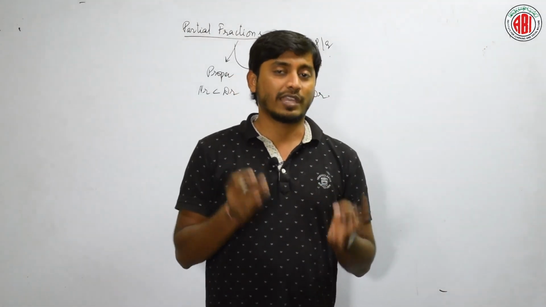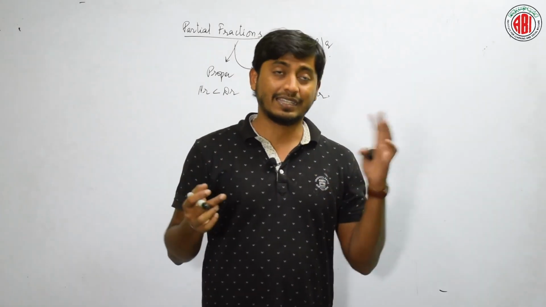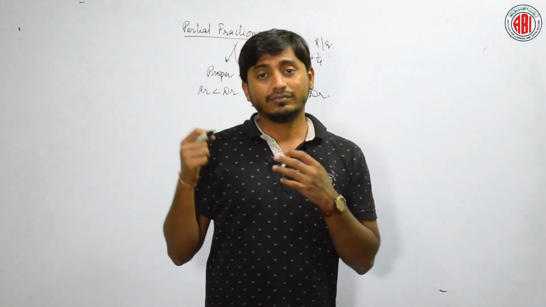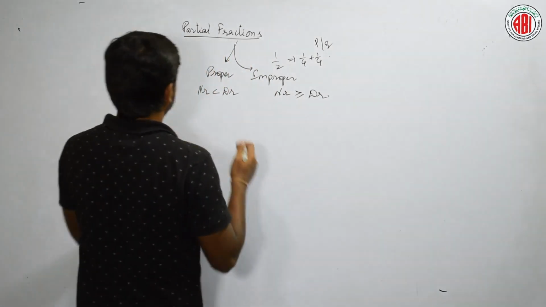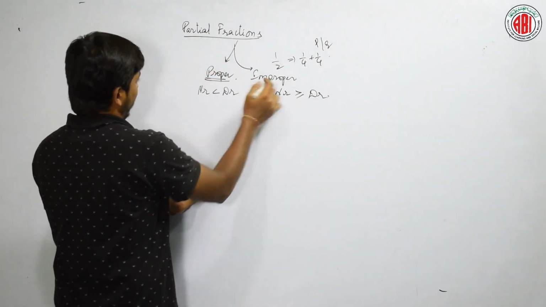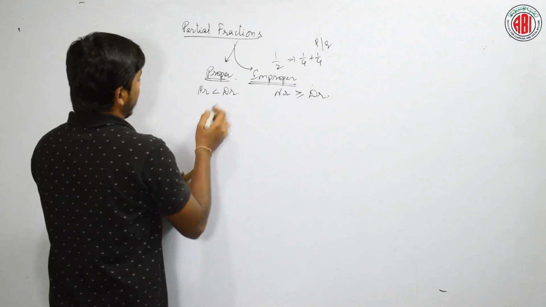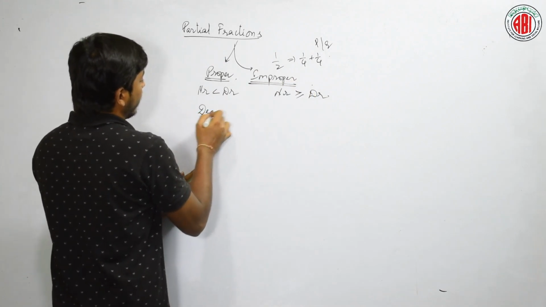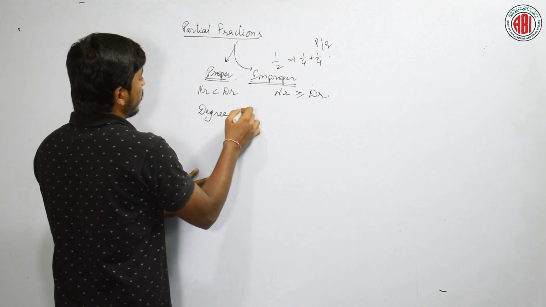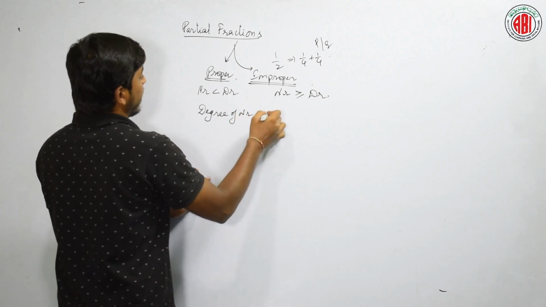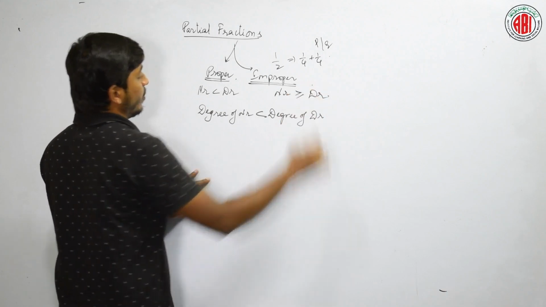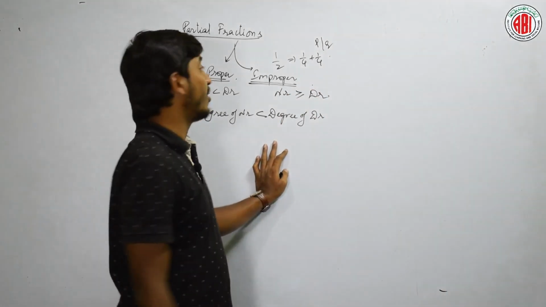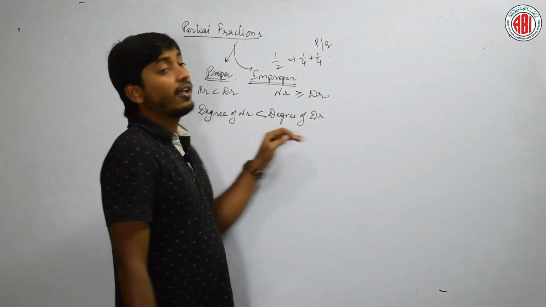Similarly, when it comes to expressions or polynomials, these kinds of algebraic things, fractions can be segregated as proper and improper in such a way that if the degree of numerator is less than the degree of denominator, then it is called a proper fraction.